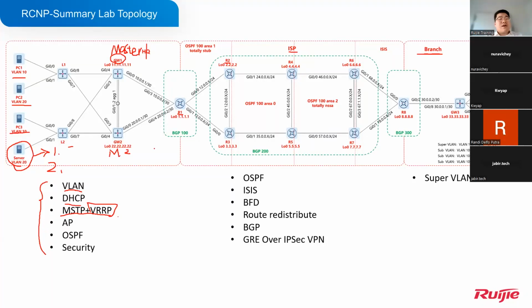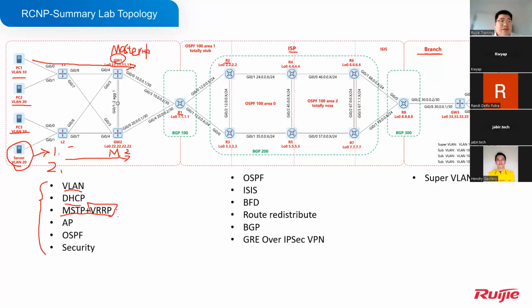And in master 1, its gateway address is the gateway of VLAN 10. So the traffic of VLAN 10 can go through GW1, and GW2 is the same. It's a gateway of VLAN 20, so VLAN 20 traffic will go through GW2. This is the reason why we say that MSTP and VRP are commonly used together to make the network more efficient.